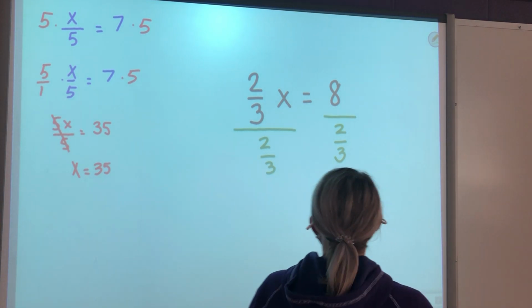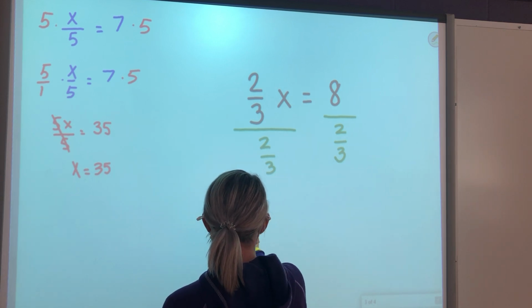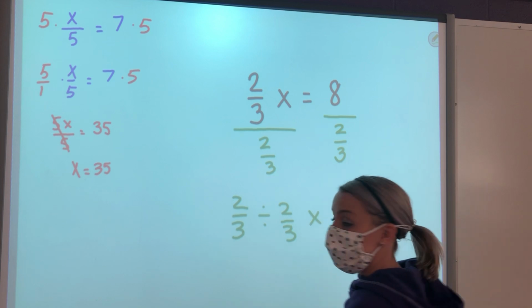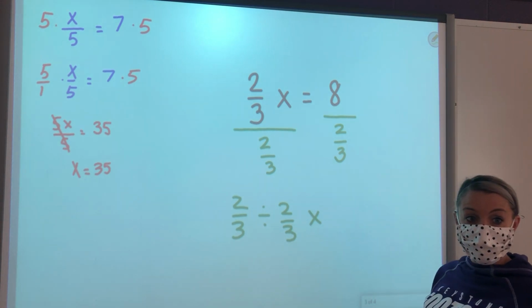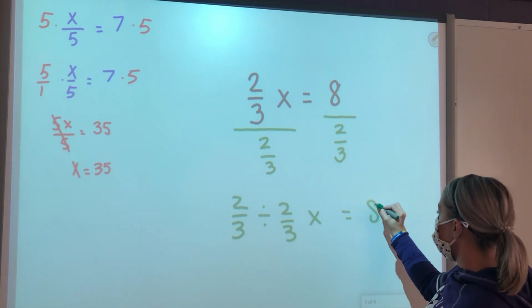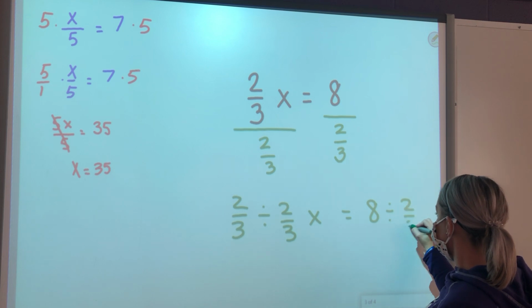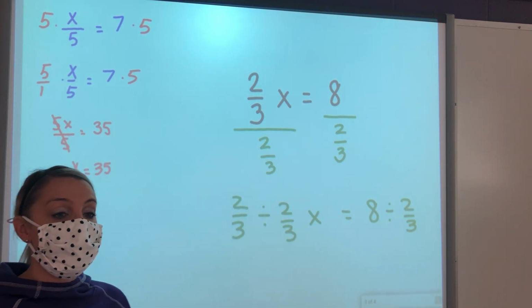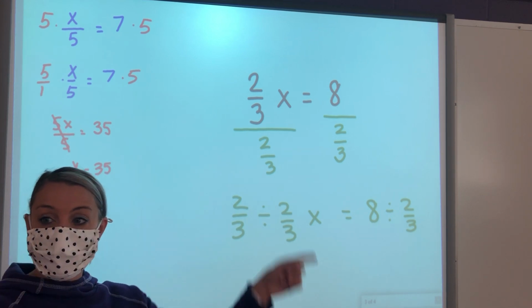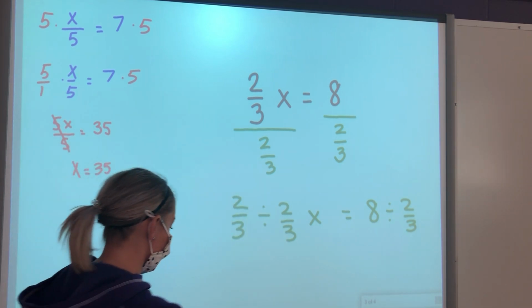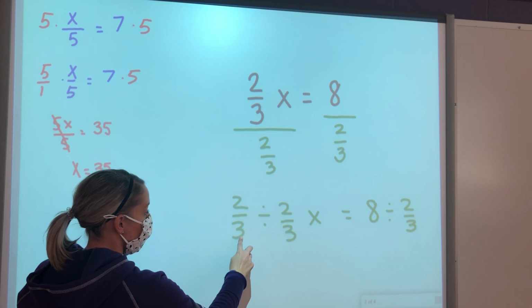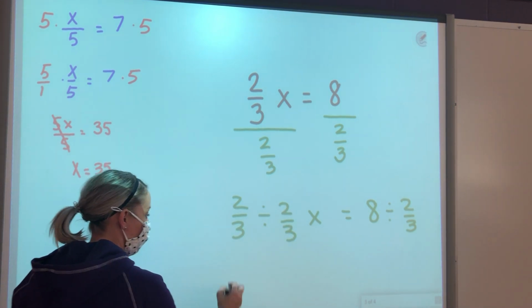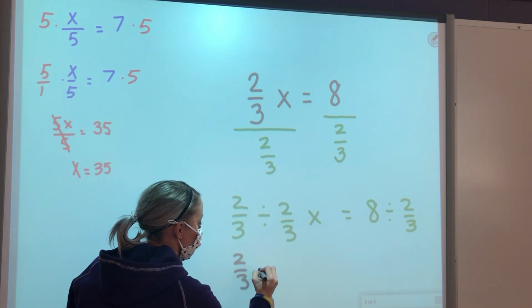Right? So if I've got 2/3 divided by 2/3 x, and then I've got 8 divided by 2/3. Zach told me I flip them. So I multiply by the reciprocal. Very good. So keep, change, flip. Keep 2/3.